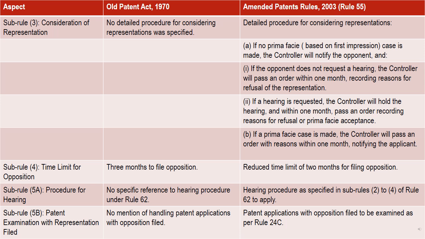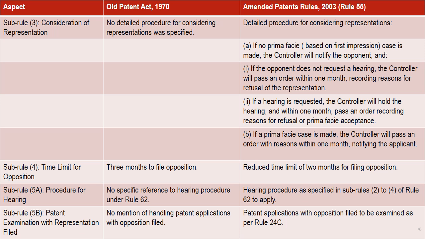Under the old rule, there was no clear linkage between pre-grant opposition and the examination process, and this new rule ensures that applications under opposition are examined efficiently and according to strict timelines.